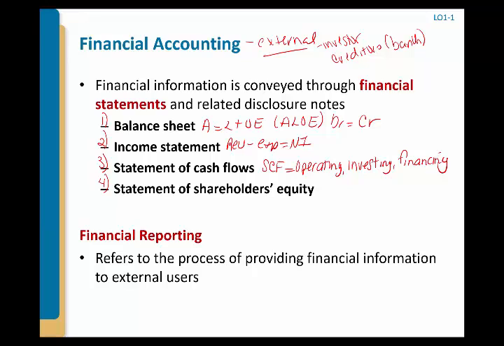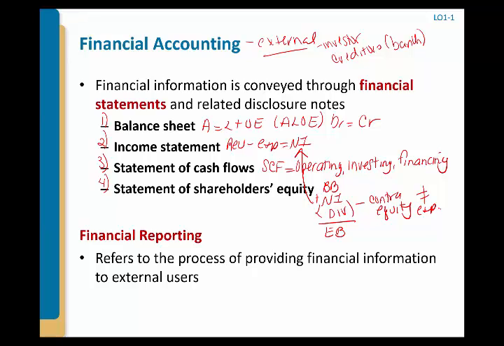And then in our statement of stockholders' equity, we have our beginning balance plus our net income, as you can see from our income statement, less our dividends equals our ending balance. Now remember, dividends are a contra equity account, so they do not equal expenses. That is a common mistake that students make.